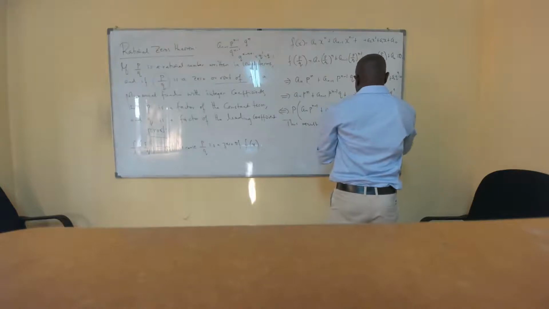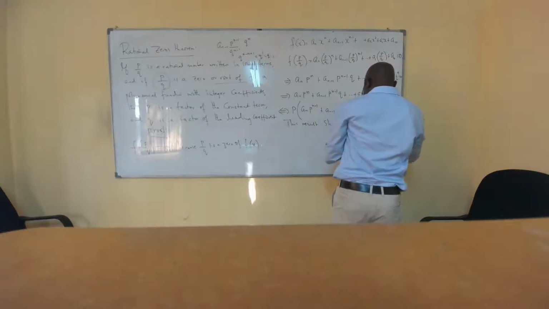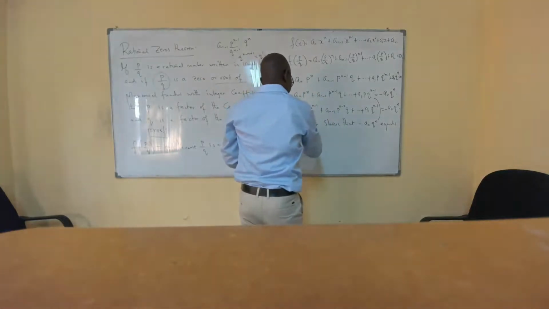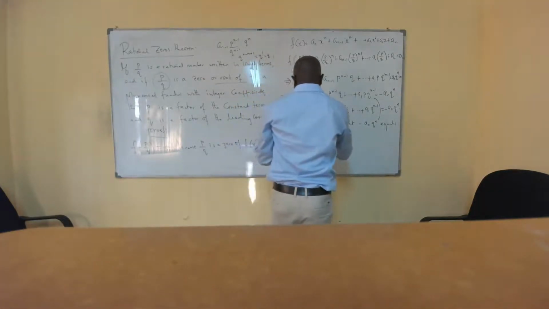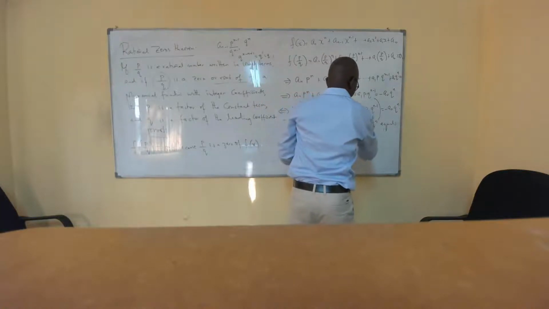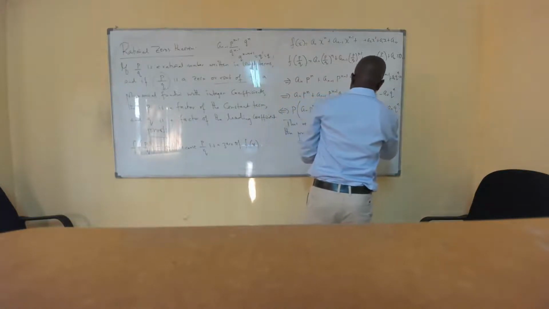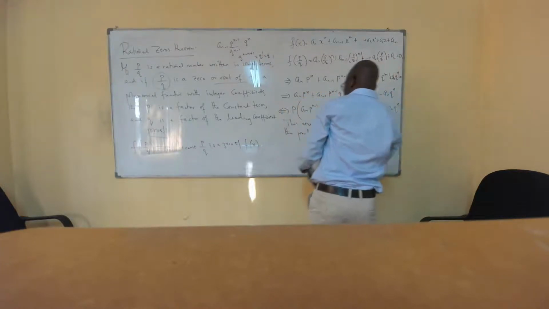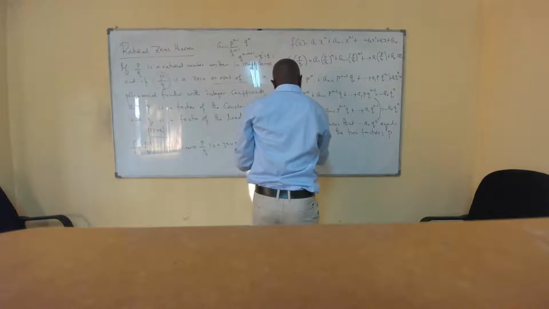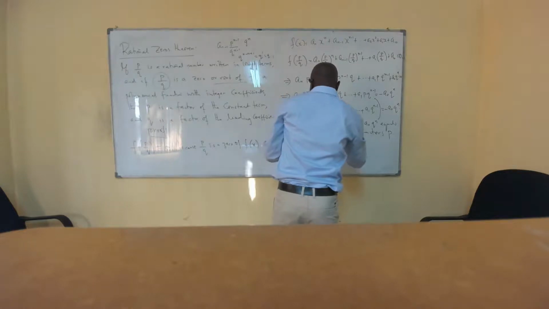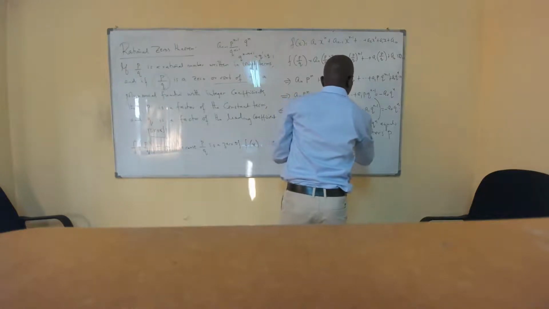Negative q to the power n equals the product of the two factors, p and what is inside the brackets, p and n p to the power n minus 1 plus a1 q to the power n minus 1.